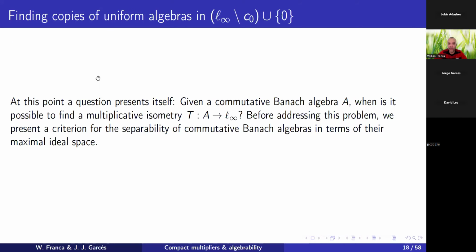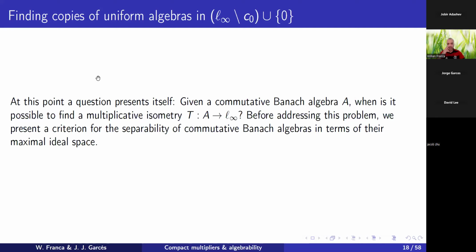Let's see what we can do. However, since we need to consider separable Banach algebras, the first question that may pop into our minds is what kind of conditions we may impose in order to assure that a certain algebra is separable.